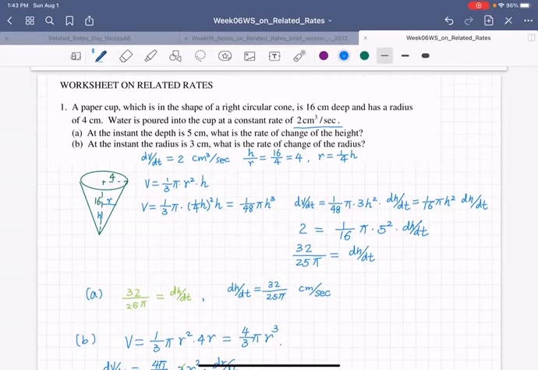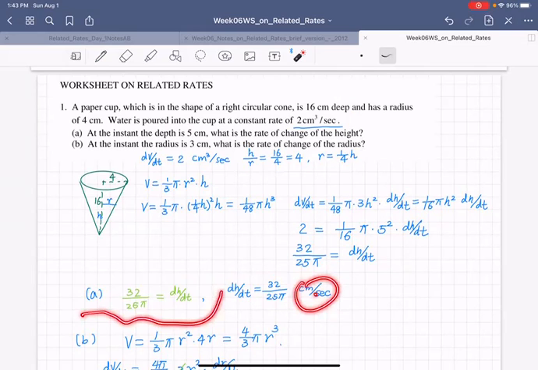Yes. Okay, and when we do this question, we have to keep in mind, we need to provide the units. So we need to make sure when we write down the answer, the rate change of volume is this unit. dh over dt has this unit. Make sense? Okay, now that's for the A.